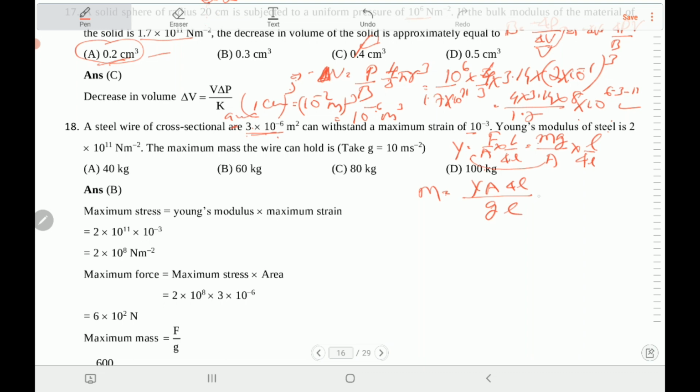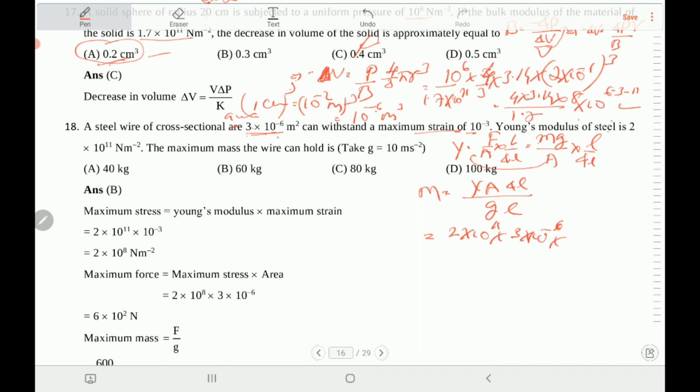Put the values. He has given the value of Young's modulus, which is 2 into 10 to the power 11. The value of area, 3 into 10 raised to power minus 6, into increase in length. What is the increase in length? He says it can withstand maximum strain.